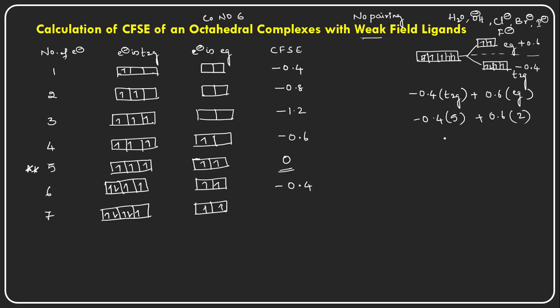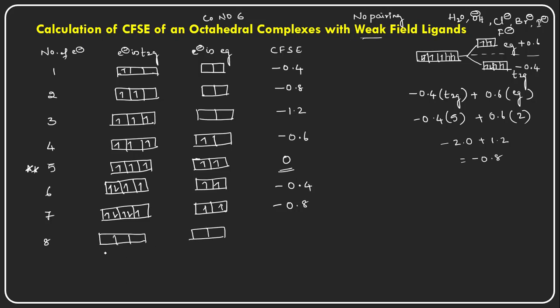Minus 0.4 into 5 will be minus 2.0, plus 0.6 into 2 will be plus 1.2. So what is the value? It will give minus 0.8. So minus 0.8 is the crystal field stabilization energy for the 7 electrons present in an octahedral complex of weaker field ligands.